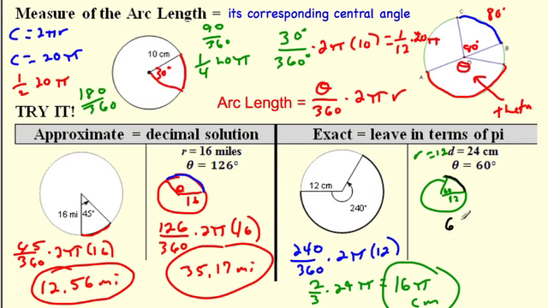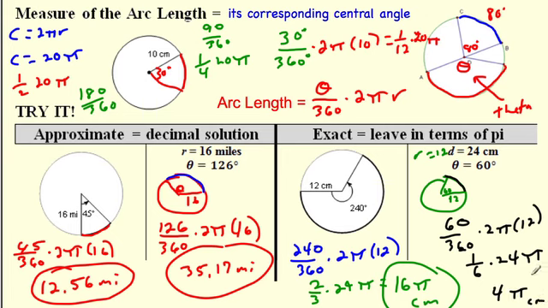I'm looking at 60 out of 360, times 2 pi r. 60 out of 360 is 1/6. Again, we're timesing by 24 pi. This works out well. What's 1/6 of 24? It is 4. So this is 4 pi centimeters. That's how far you'd walk.